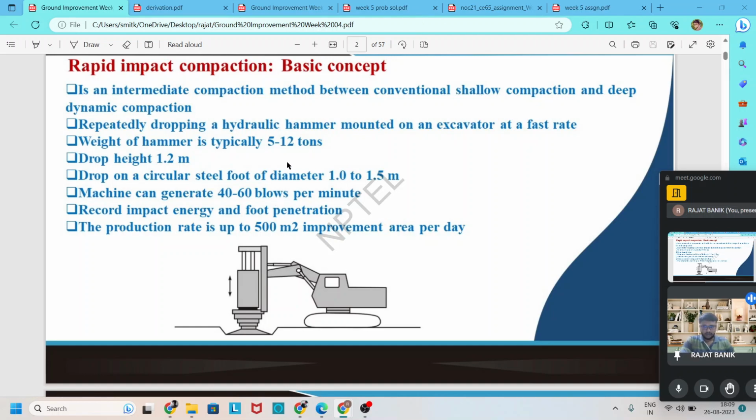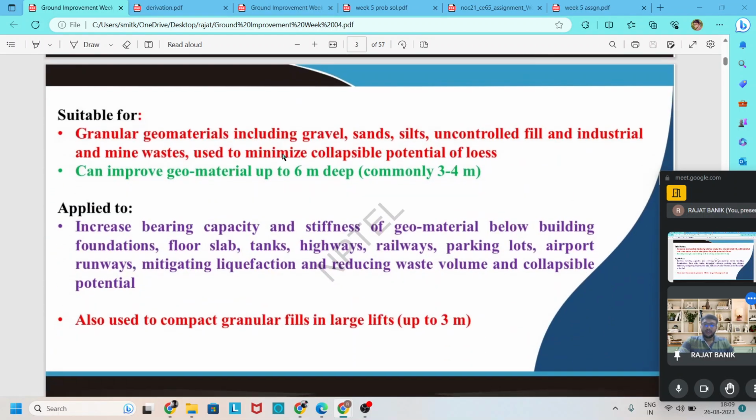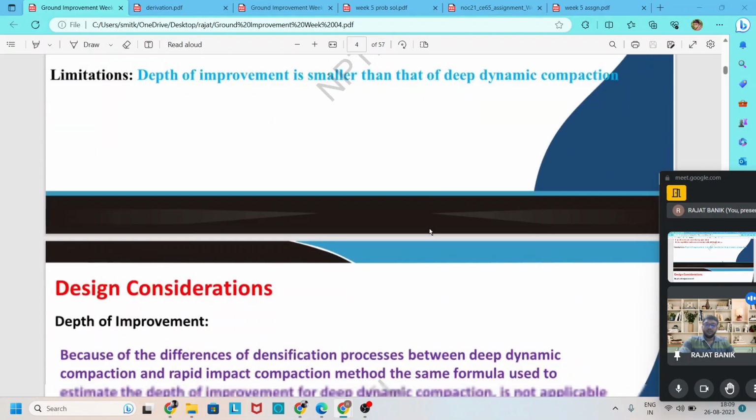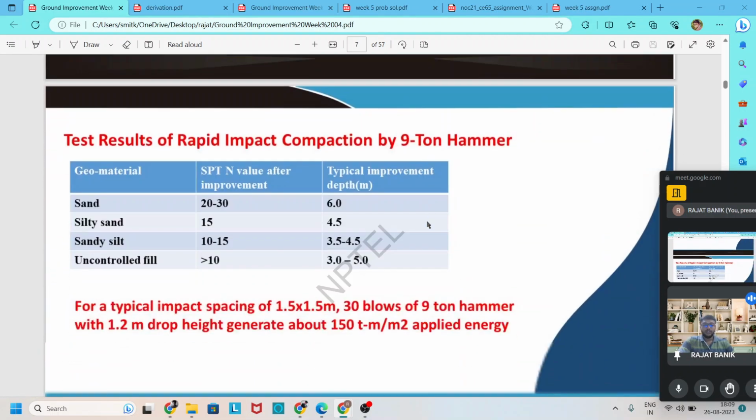We also discussed the diameter of the circular drop hammer, 1 to 1.5 meter, the drop height of 1.2 meter, and the weight of 5 to 12 tonnes. After that, we discussed its suitability and application, like increasing the bearing capacity and stiffness. Then we discussed advantages, disadvantages and limitations, and tried to solve a few problems on that.